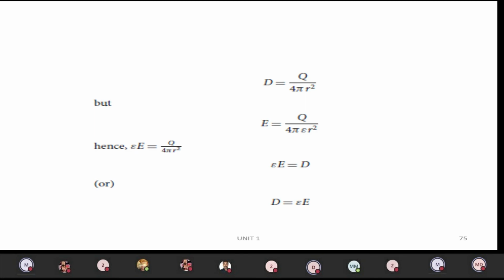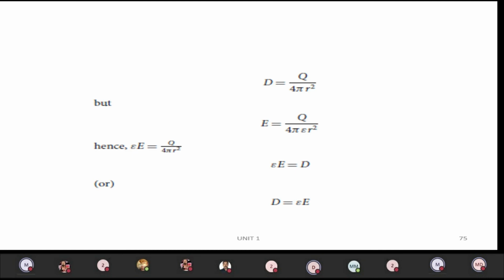So I can write D equal to epsilon E: flux density is the product of permittivity and electric field intensity.